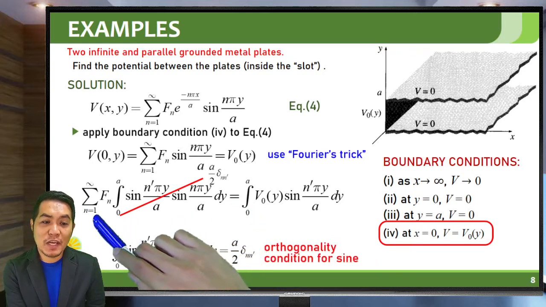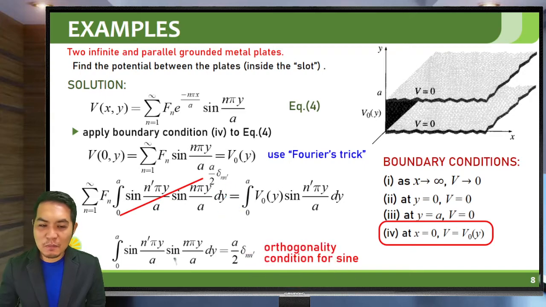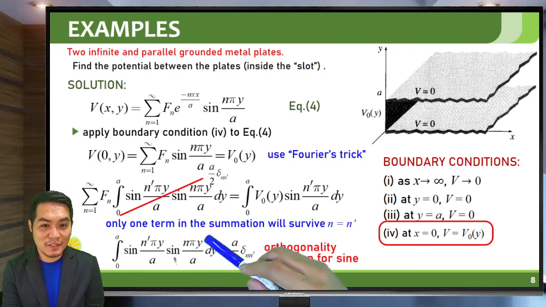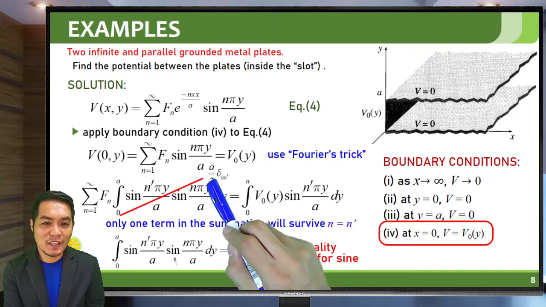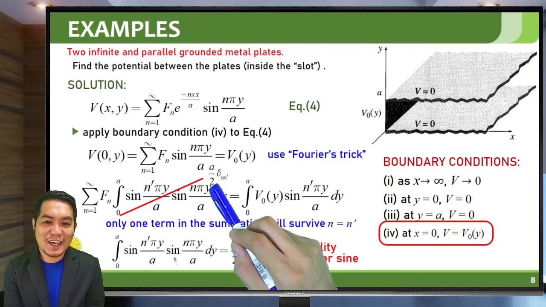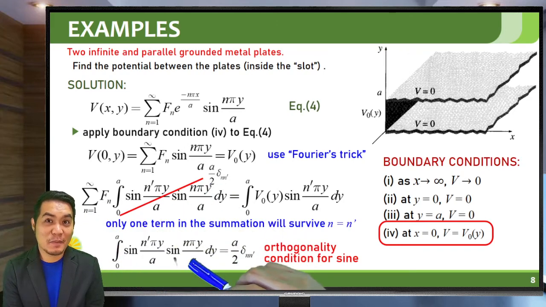Since this is a summation, we are summing all of the possible values of n, but there is a Kronecker delta here that limits this summation. Now this will mean that only one term in the summation will survive. n is equal to n prime, because the value of this Kronecker delta is 0 if n is not equal to n prime. So thank goodness for this Kronecker delta here. We can get rid of the summation now.